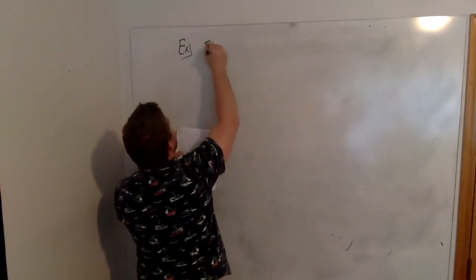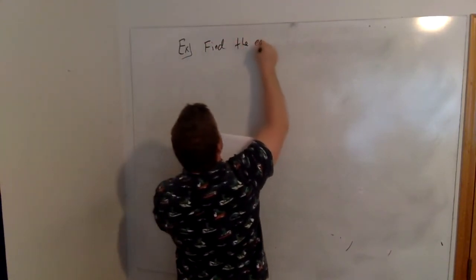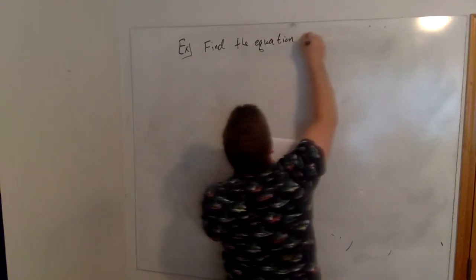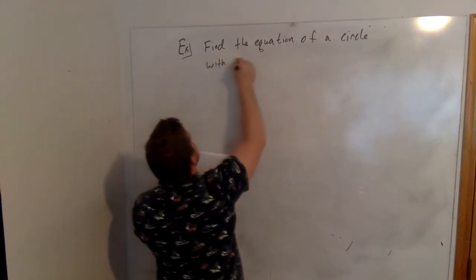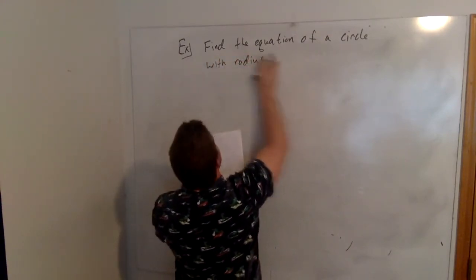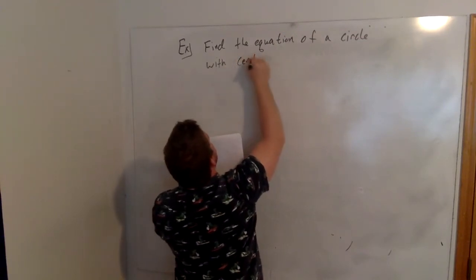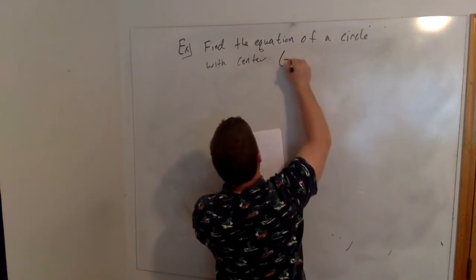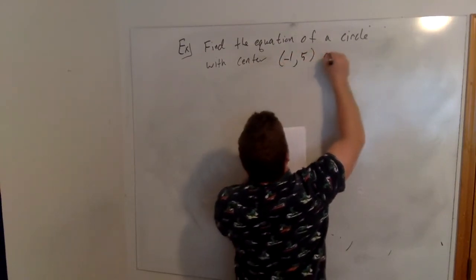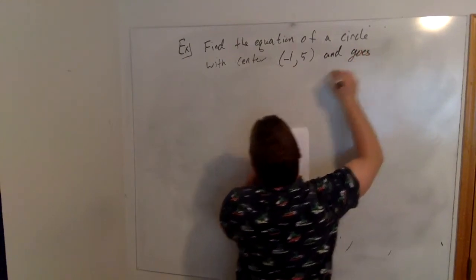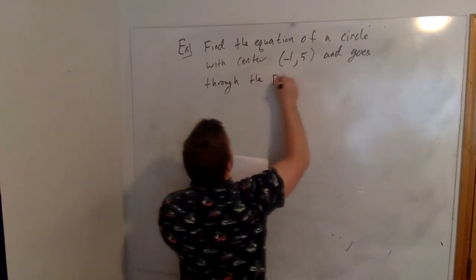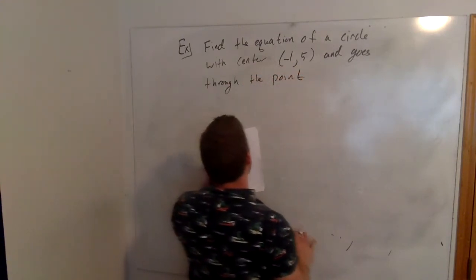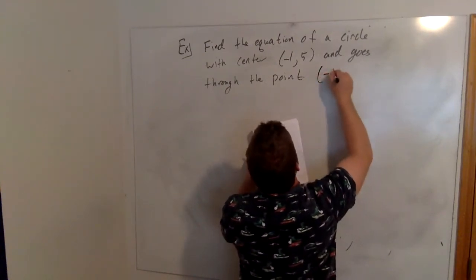Let's say we want to find the equation of a circle with center (-1, 5) that goes through the point (-5, 2).